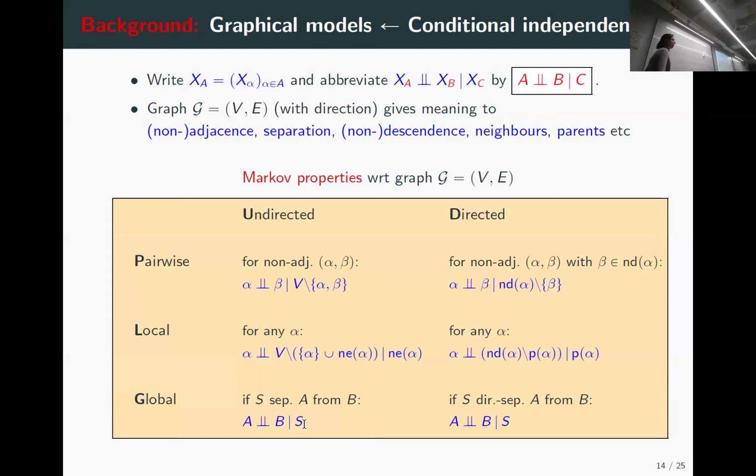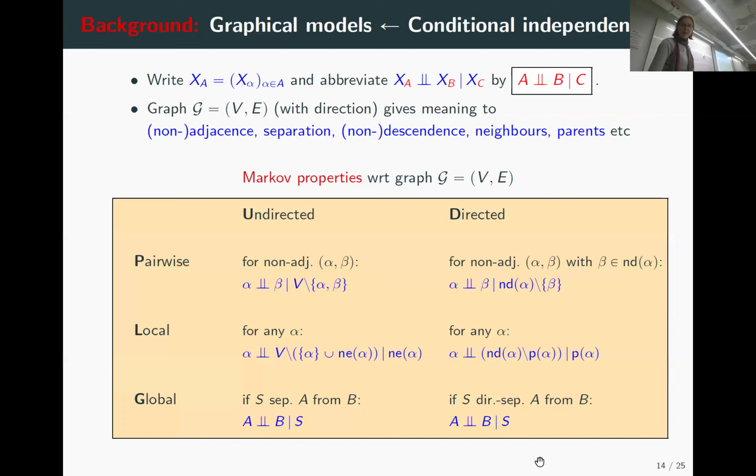So this would be a separator set. In some situations these properties are actually equivalent, and there are theorems that tell you this.